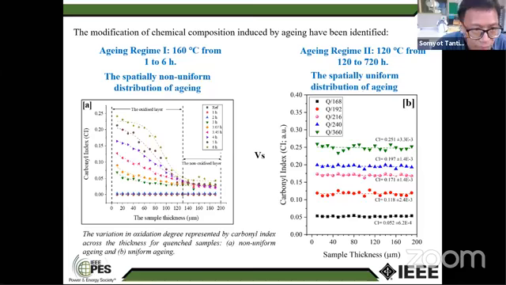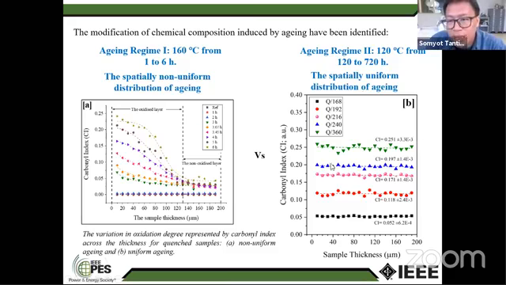We could see in figure A, for the reference sample, this is the unaged sample, no change in the carbonyl index. It's about 0. You can see from reference, 1 hour and 2 hours, there is no change in the degree of aging. And then the aging starts from 3 hours, the green line here, and increases significantly to 6 hours.